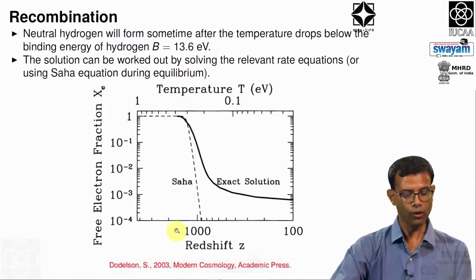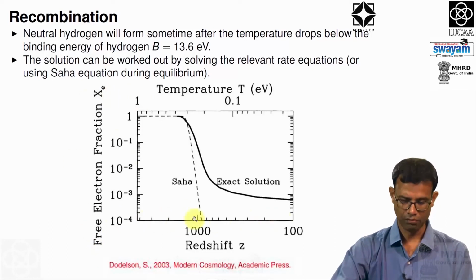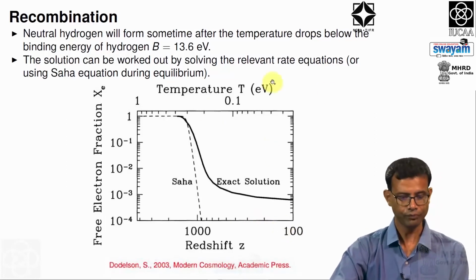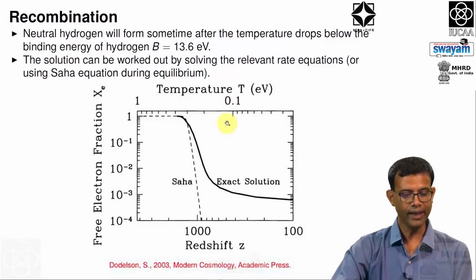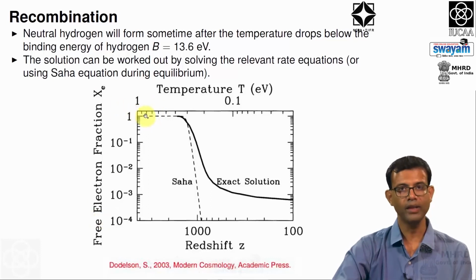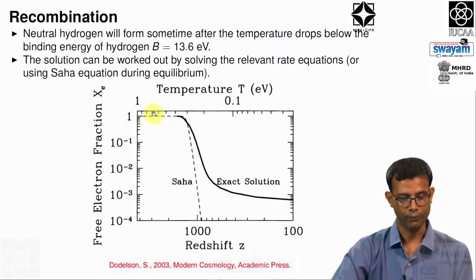Okay. So, what has been plotted here is the free electron fraction as a function of redshift, which you can convert to scale factor if you want, or the temperature. You can see at higher temperatures, which means at early times when the temperatures are more than eV, the free electron fraction is 1, which means all the electrons are free, they are not combined into any atoms.